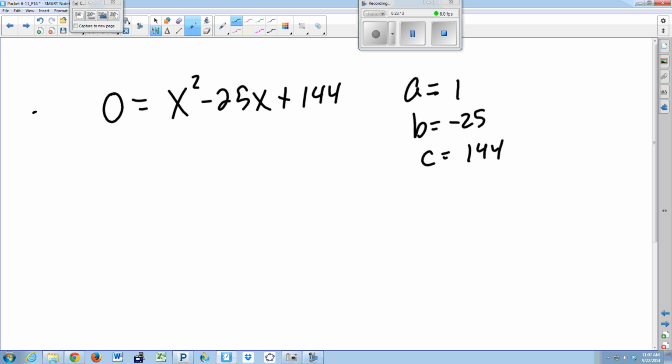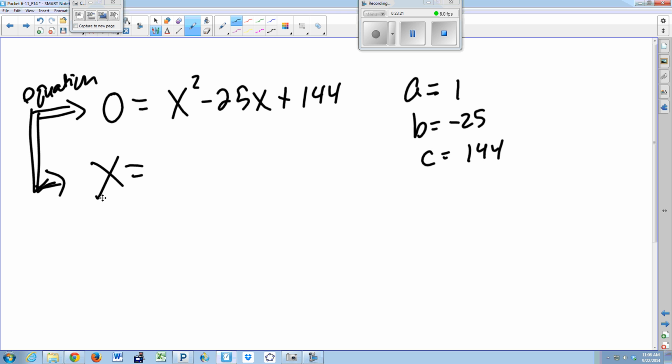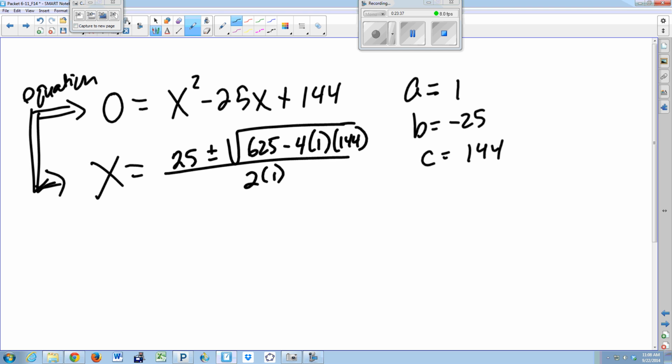Okay, so here's an equation. The thing I write underneath it better be an equation. The equation is x equals. I'm actually solving this for x. X equals the opposite of b plus or minus the square root of b squared, which is 625, minus 4 times a times c, all over 2a.